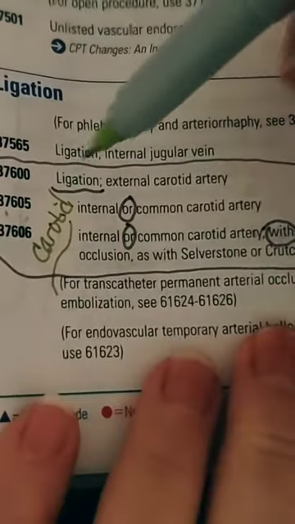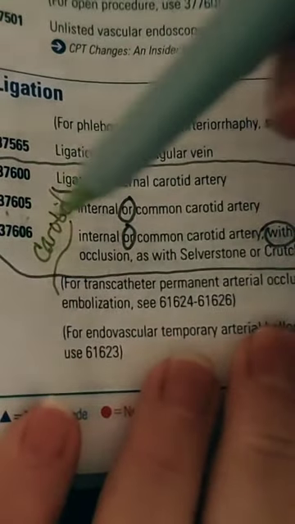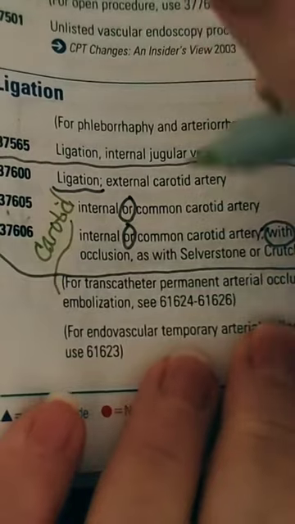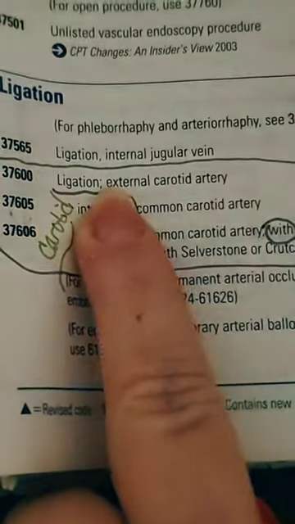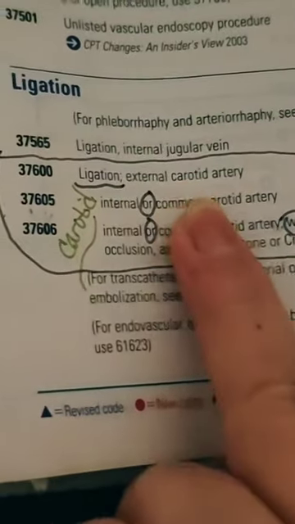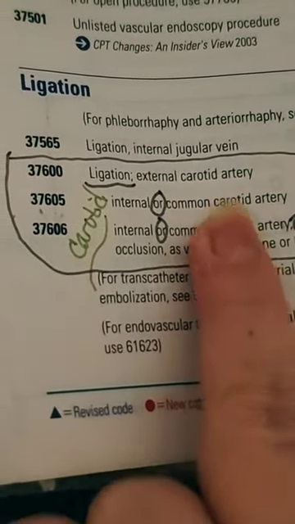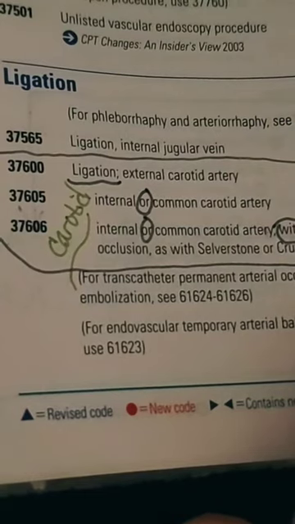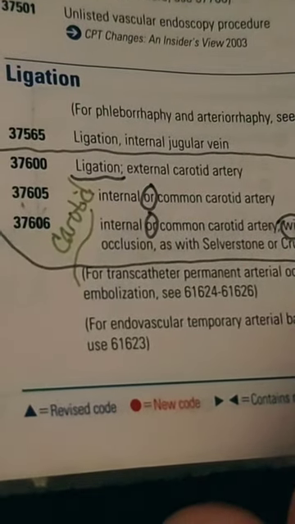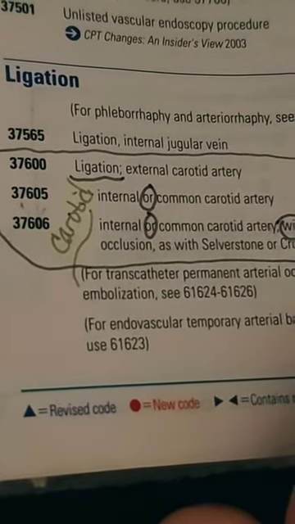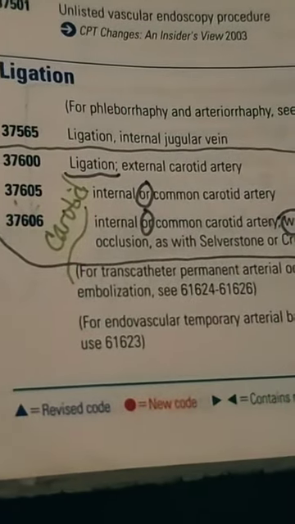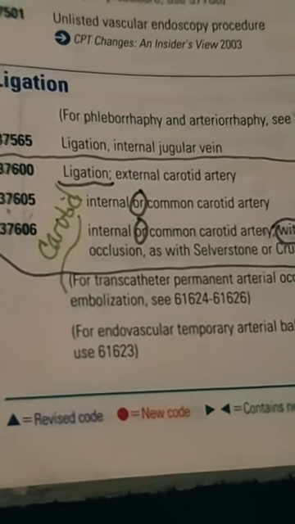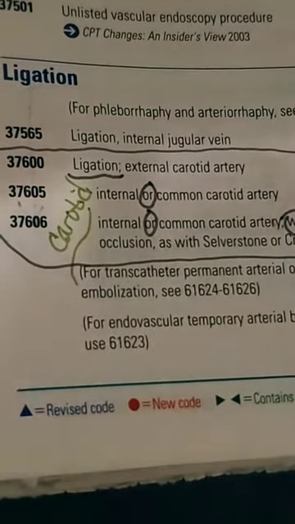I still ended up having to go through here and evaluate all of this to see what the difference is. So what I did was I went word for word, ligation, external, looked for the one thing that was different, and that happens to be temporal over here. I'm going to write TEMP right underneath the 37609.